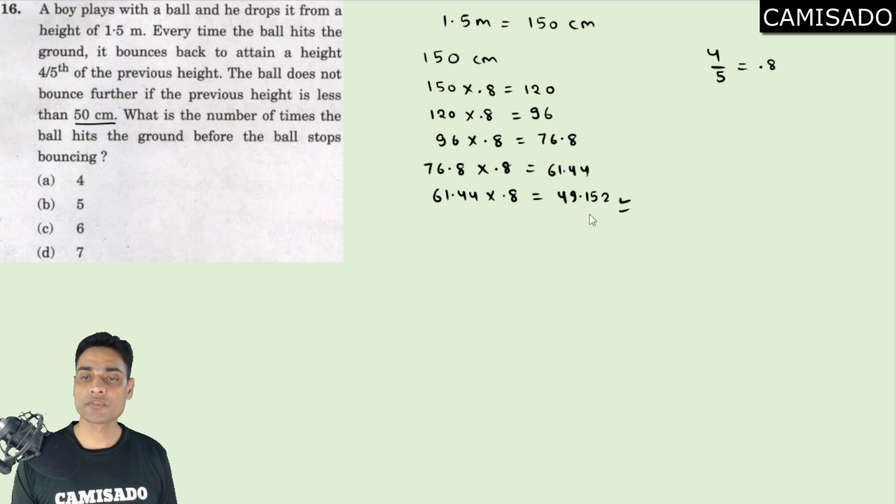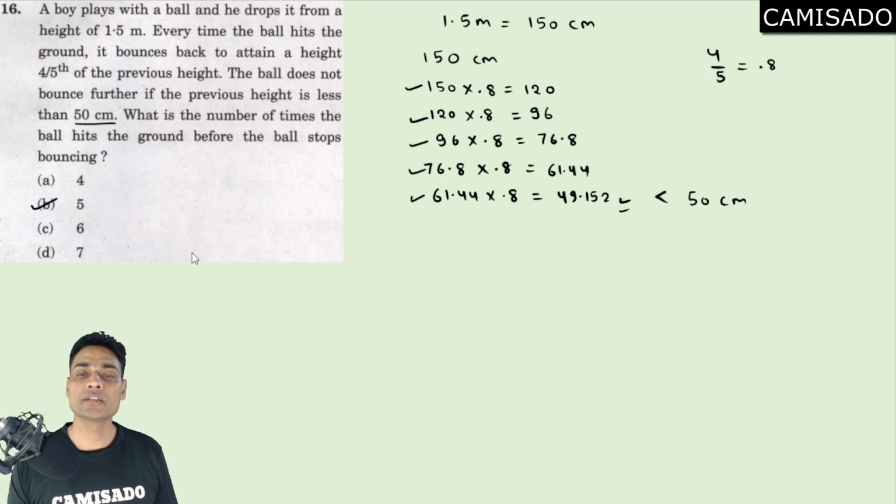The bounces will still happen, but we will not count them because this number is less than 50 centimeters. So first bounce, second bounce, third bounce, fourth bounce, and fifth bounce. So B is the right answer. 5 bounces it will take until the height becomes less than 50 centimeters.